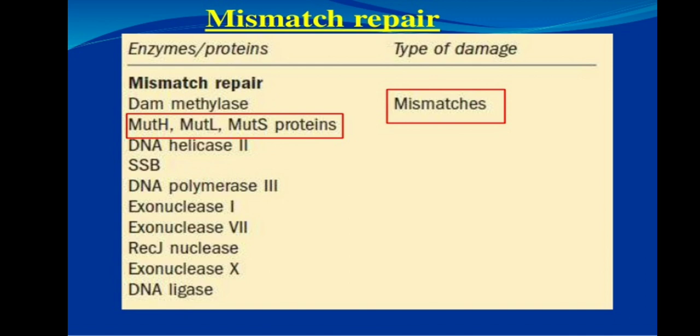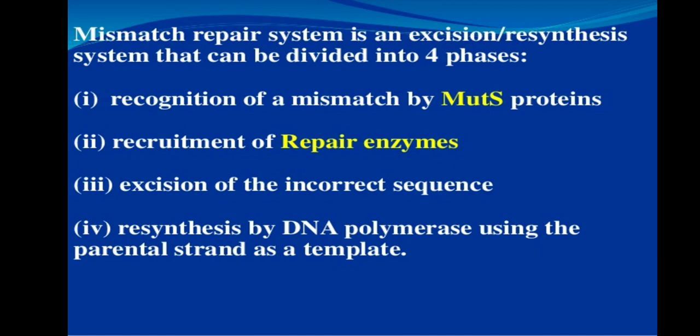These are the different kinds of enzymes which are listed here: dimethylase as well as the mutase proteins, helicase, single stranded binding protein, DNA polymerase III. These different enzymes are involved in the correction of mismatch.